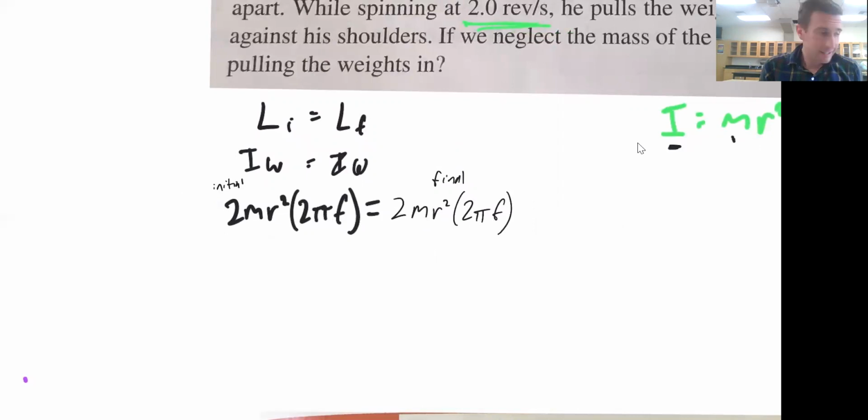so let's cancel everything that I can cancel and see what happens. The 2 is going to cancel the 2, the 2 pi is going to cancel the 2 pi. The mass remains the same, right? They're both 5 kilogram masses, so the mass doesn't change. What's changing is the radius and the frequency.